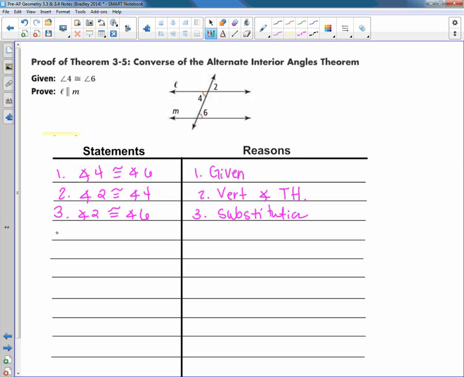Almost. I have to now say what? First, I'm going to say 2 and 6 are what? Corresponding, right? I want to say that they're corresponding angles, okay? And that is by what?